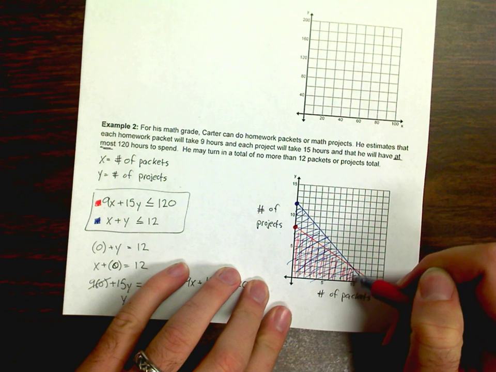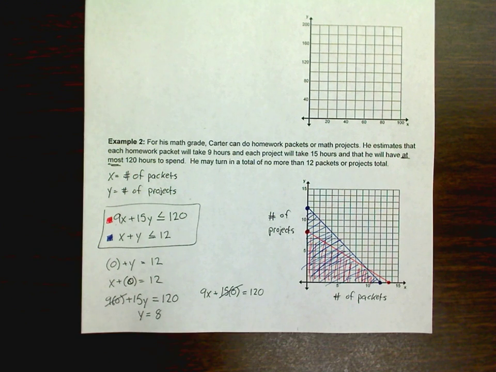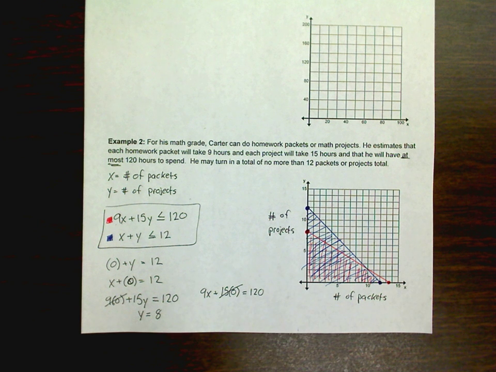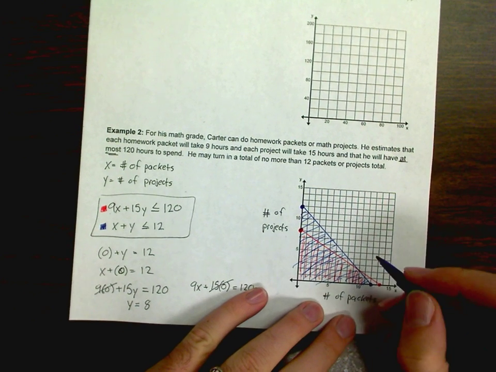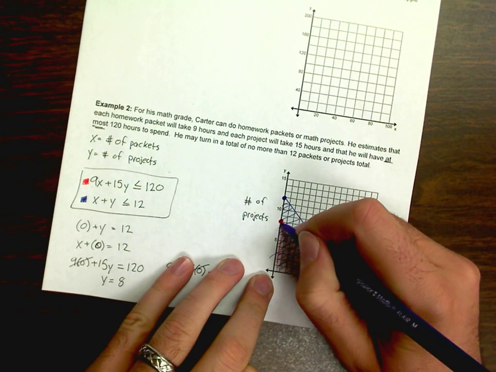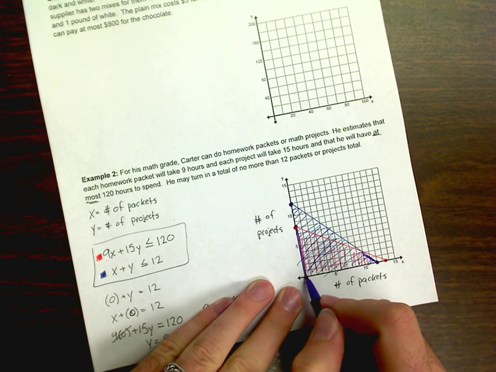Okay, so my solution area is where both of these are true. Okay, and so you can hopefully see from your colors this area where they're both shaded. And so try and find some way to denote that, like make it darker or shade it darker. I'm going to try and outline it here with purple.